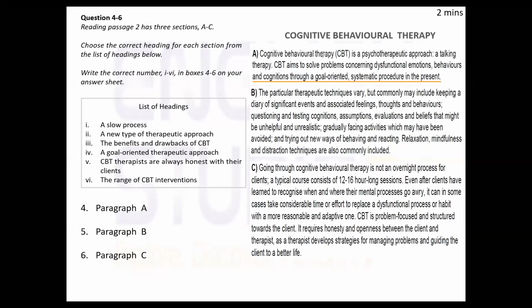But if you read the whole paragraph, here we have CBT aims to solve problems concerning dysfunctional emotions, behaviors, and cognitions through a goal-oriented procedure. Simply, this paragraph explains what CBT is, not the benefits and the drawbacks. So the correct answer should be heading 4, a goal-oriented therapeutic approach. Thank you. Let's move to paragraph B.